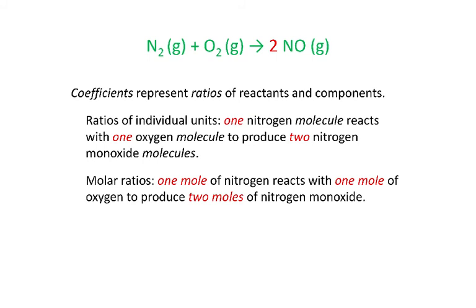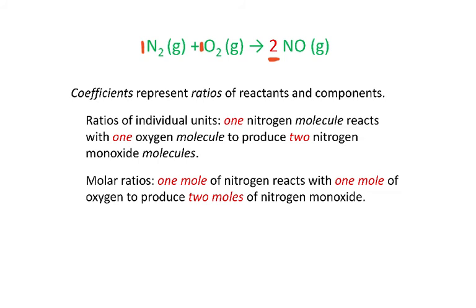The difference is simply the scaling by the counting unit of a mole. So this ratio represented by these coefficients, right? There's essentially 1 and 1 here that are left off. But it could be individual units, right?